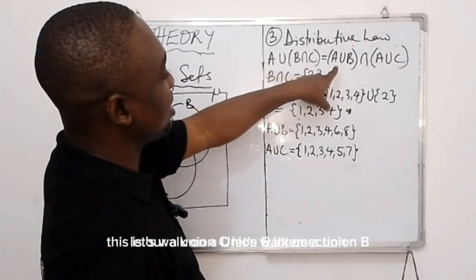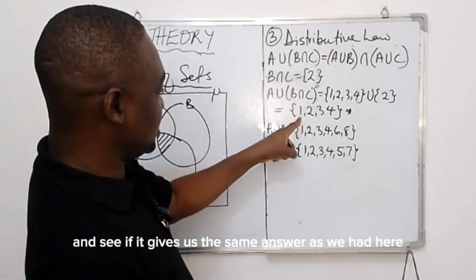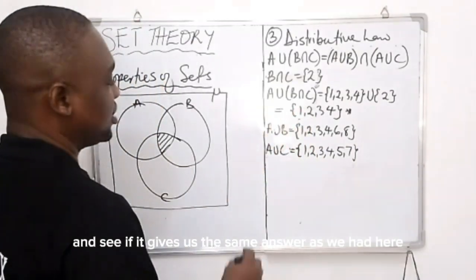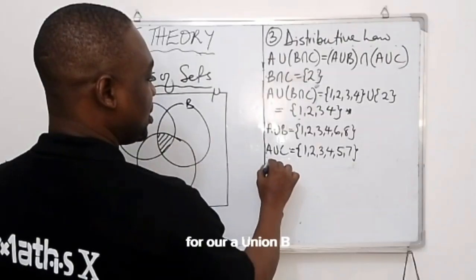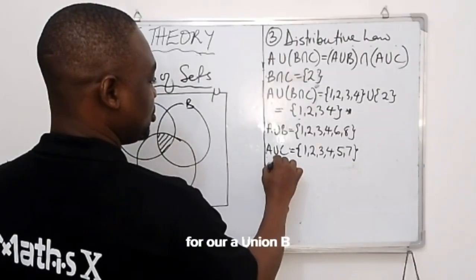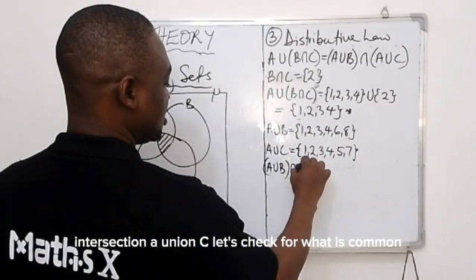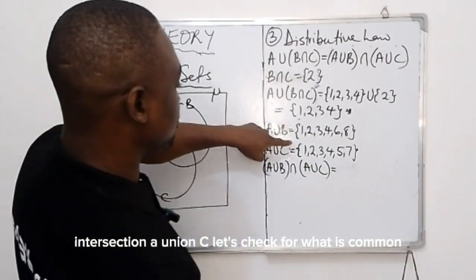Let's work on A union B intersection A union C and see if it gives us the same answer as we had here. Let's check for what is common.